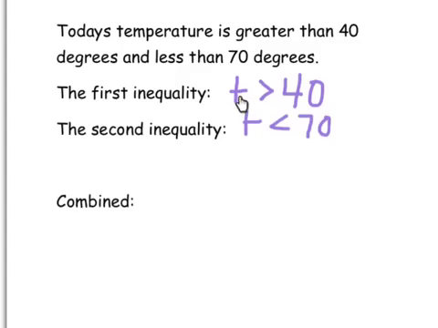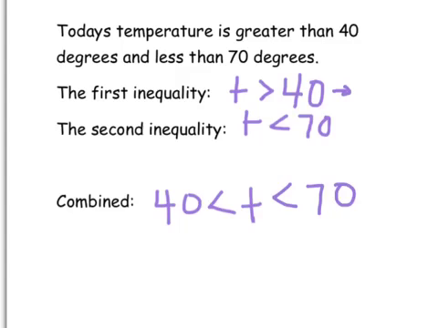So if the temperature is greater than 40, then 40 is less than T. So you're going to take that first inequality, and we're going to write 40 is less than T, but the temperature is less than 70. If we were to rewrite this first one, just how we did in our other activity, it would be 40 is less than T.